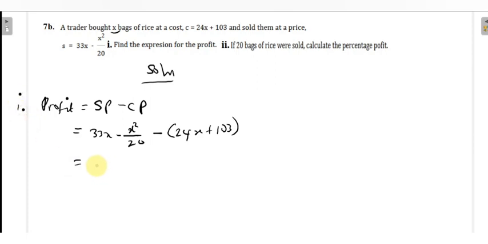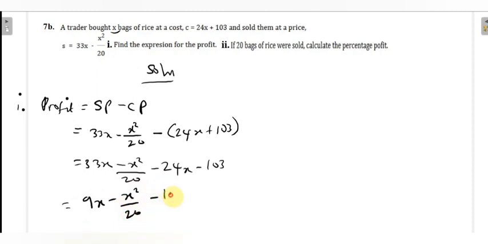We're going to have 33x minus x squared all over 20 minus 24x minus 103. So I'll just subtract 24 from 33. That's going to give me 9. So I'm going to have 9x minus x squared all over 20 minus 103 as the expression for the profit. So we can go ahead and calculate the other part.